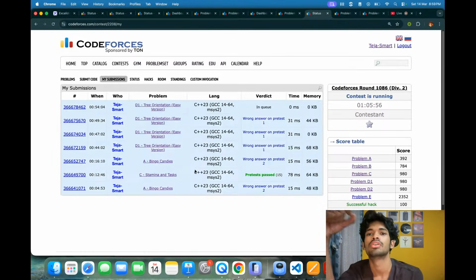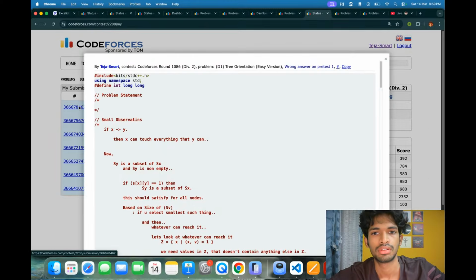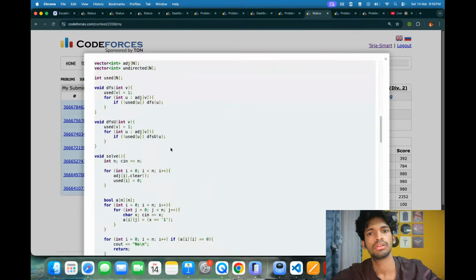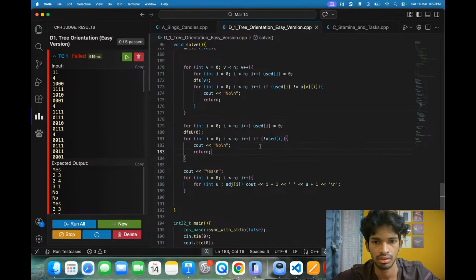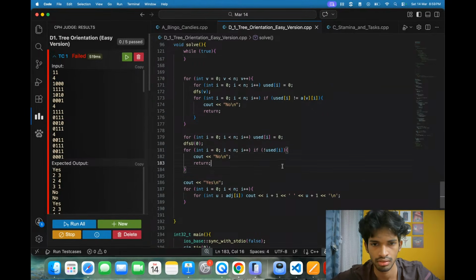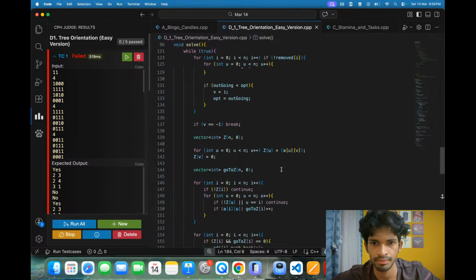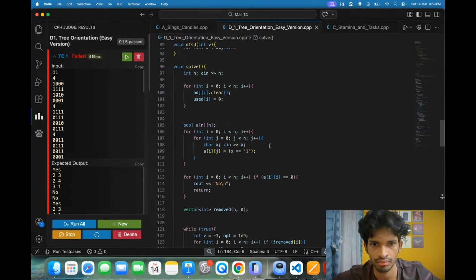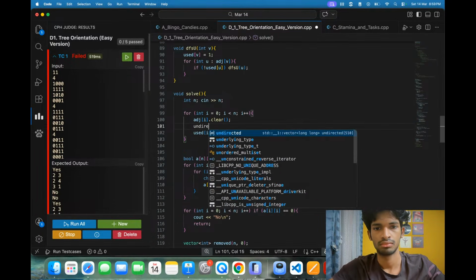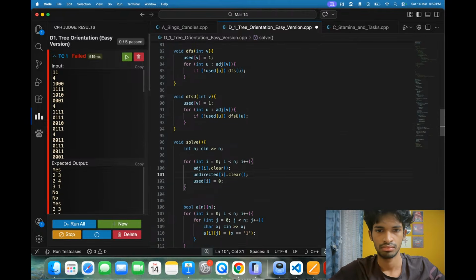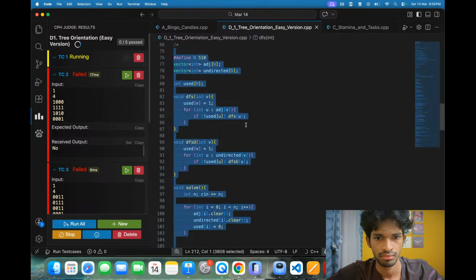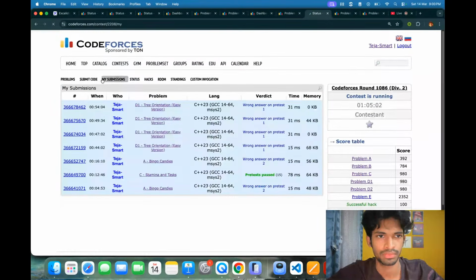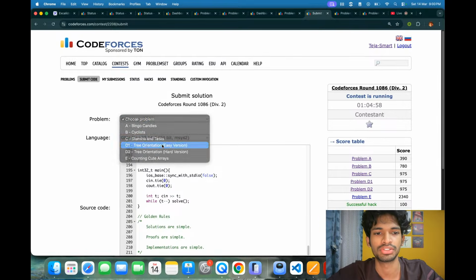Now, think of everything. You're able to say the leaves, you match the S, you should also match that it forms a tree. So, we are not going to make a wrong answer on test 1 because it passed on test 1 now.